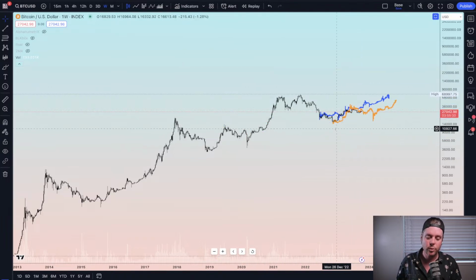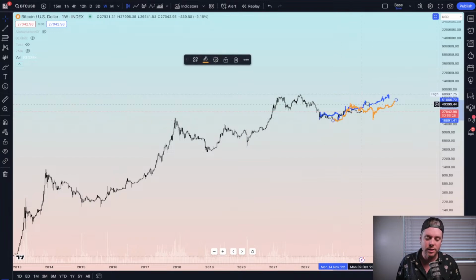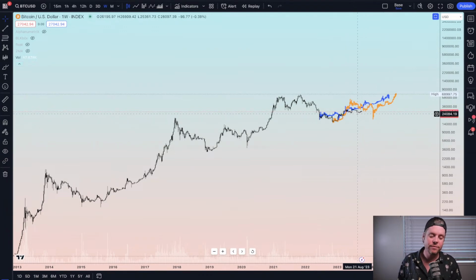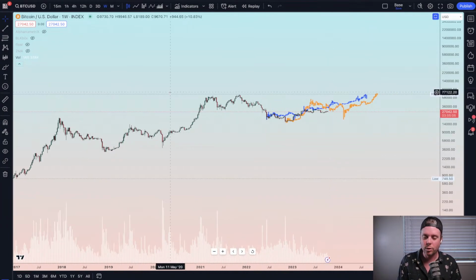So you can see we're following quite closely to what's expected. Let's just slide that up a little bit. We're tracking quite nicely. We're about 50% of the way through the time preference for getting to that all-time high break. So from a time perspective, we're right on track.